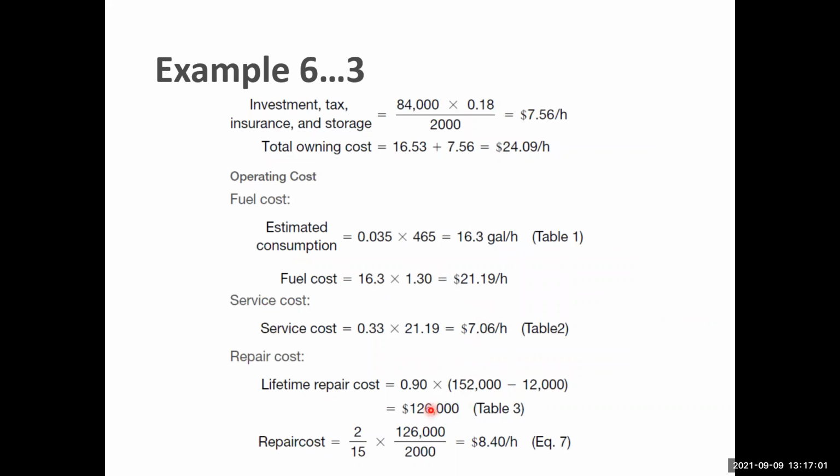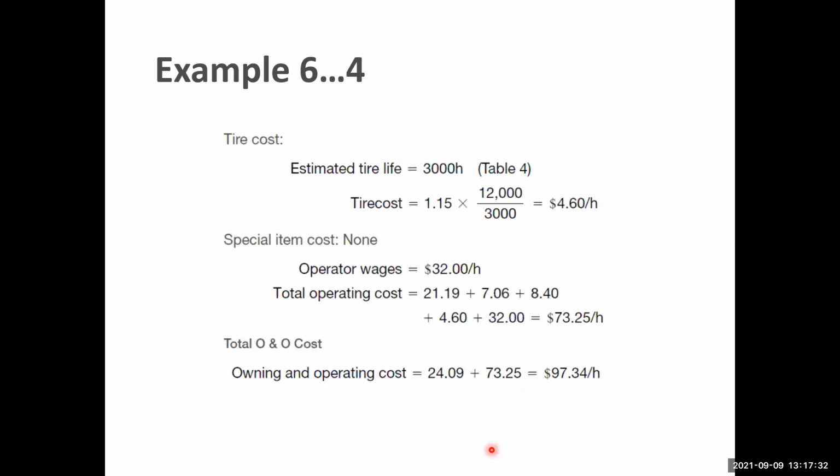Okay, 90% of this value for the initial cost minus the cost of tires. So it is $126,000. In the second year, we will use the sum of the years digit formula. So in the second year, we will use the yearly digit as number 2, then divide by 15. And then we will divide by the number of hours it is used. So it will be $8.4 per hour. So this is the life repair cost in the second year: $8.4 per hour.